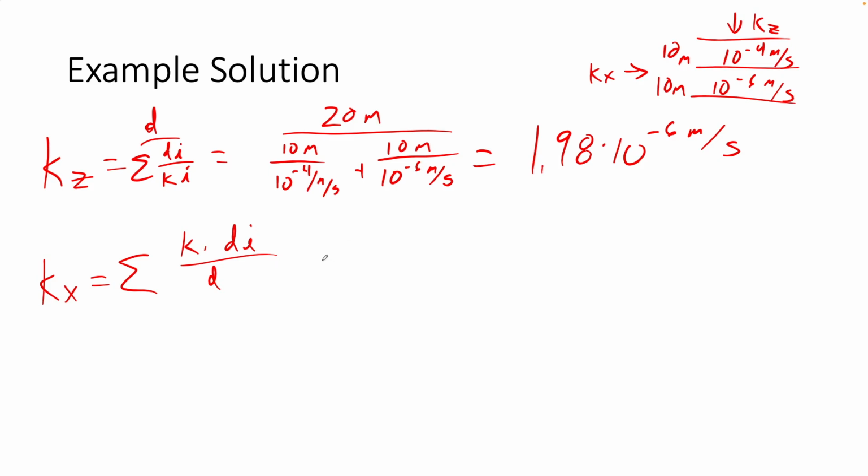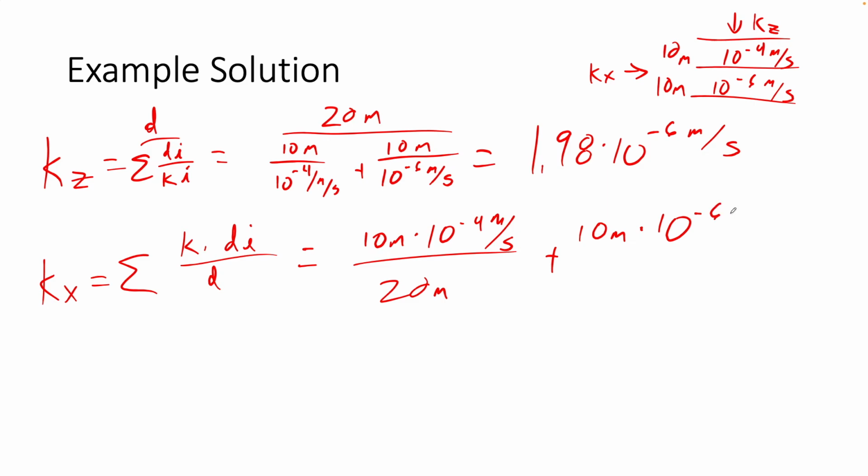So that's going to be 10 meters times 10 to the negative 4 meters per second divided by 20 meters, plus 10 meters again times 10 to the negative 6 meters per second divided by 20 meters, the total depth.